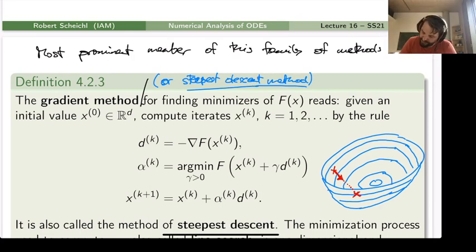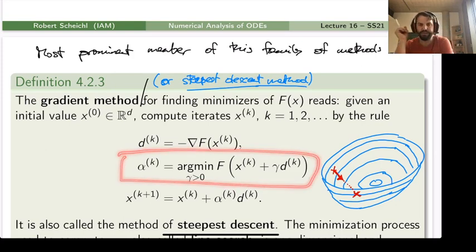And then we pick down there the next direction, and we start to iterate. So we're minimizing along a one-dimensional manifold, which is much simpler than solving the d-dimensional minimization problem.